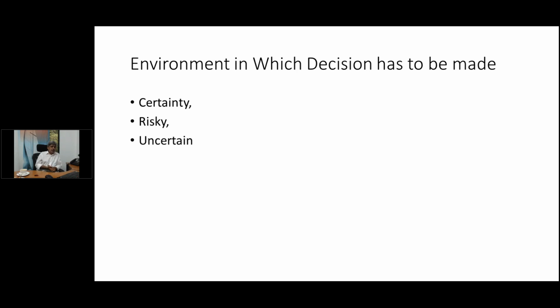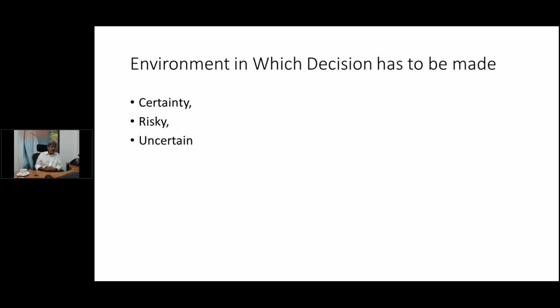Here we will associate some sort of probability: what will be the probability that this particular decision will solve our problem, or what will be the probability that this decision will not solve our problem.